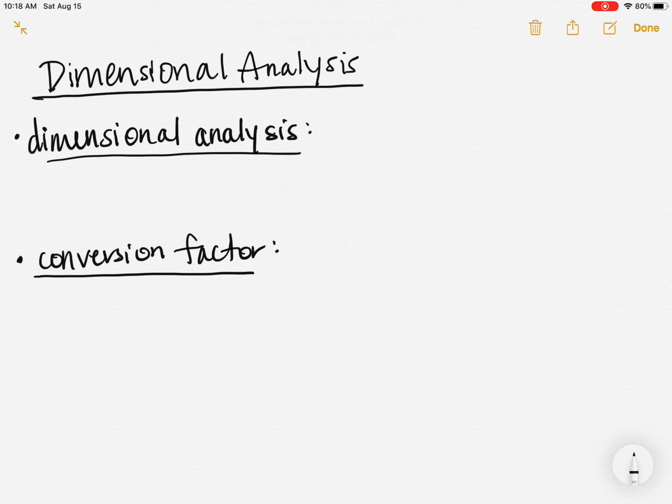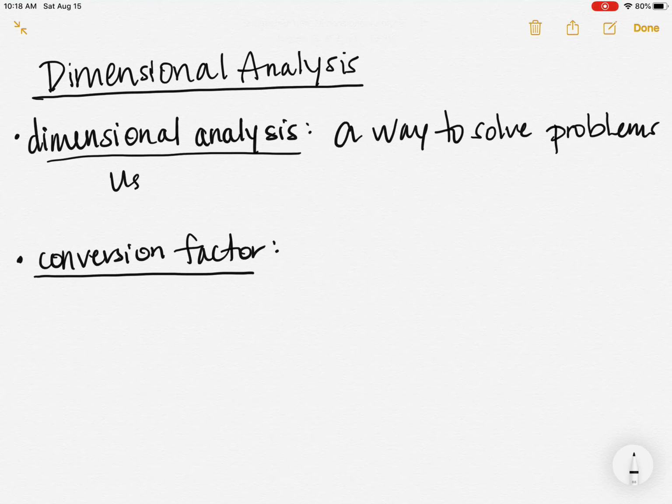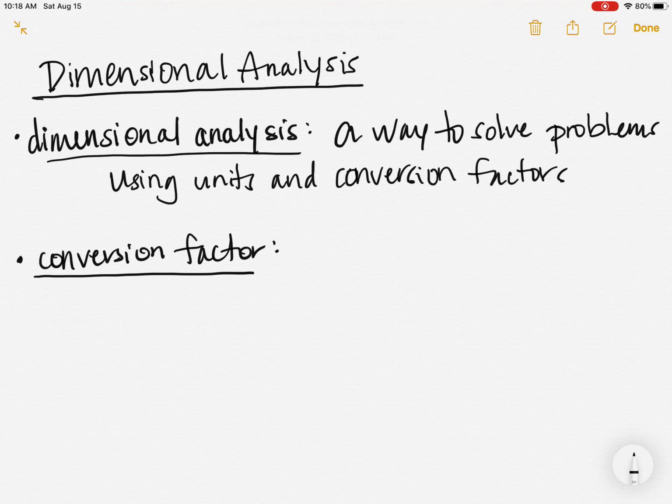The definition of dimensional analysis is just a way to solve problems using units and something called conversion factors. We're going to talk about what conversion factors are in just a minute.